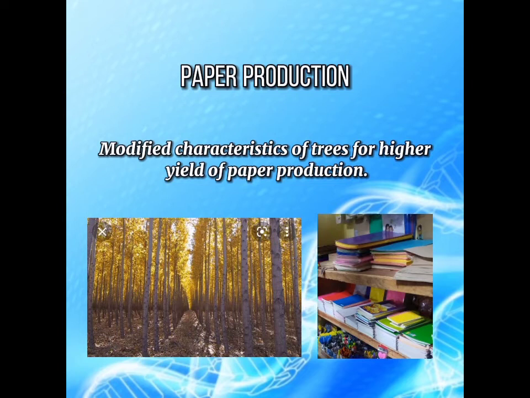Lignin is a complex polymer in trees that is removed from wood to make paper through the kraft process. By inserting genes that code for ferulic acid in young poplar trees, the lignin structure is modified, making lignin easier to break down. So they use the lignin to make paper, and in order to make the lignin easier to break down, they use the kraft process and put ferulic acid genes when the poplar tree is still young.